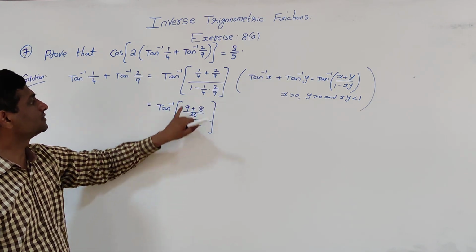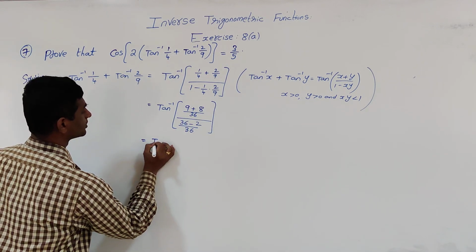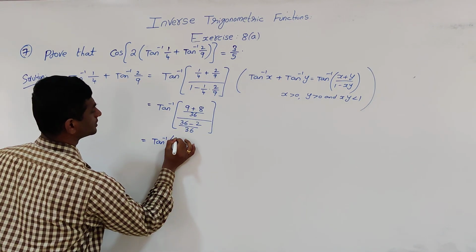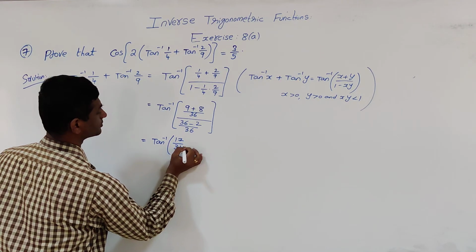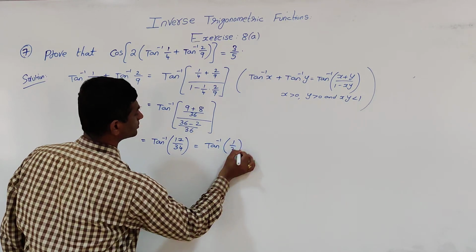Again 36 is the LCM, so the 36 cancels. So tan inverse of 17/34, which gives tan inverse of 1/2.